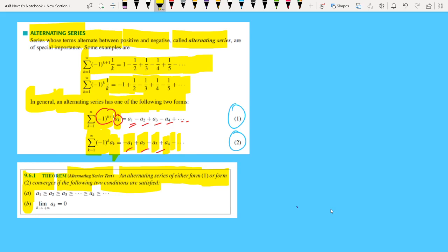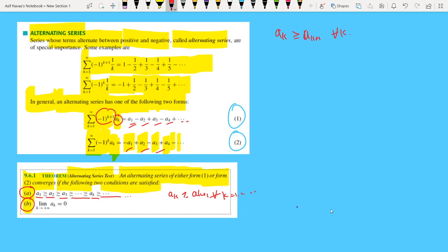The first condition is a1 greater than or equal to a2 greater than or equal to a3 greater than or equal to etc., a_k greater than or equal to etc. That is, a_k must be greater than or equal to a_(k+1) for all k. That is the first condition.